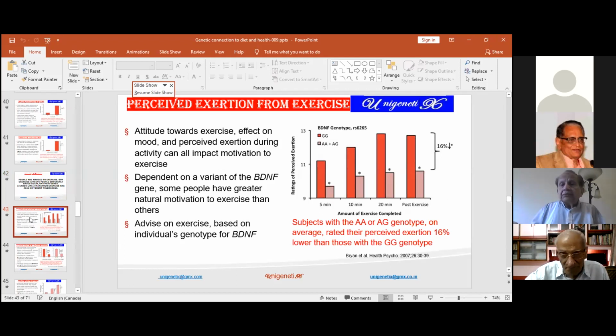When you're doing very strong exercise, do you feel tired? Do you feel that you've done a lot? And the level of your exercise will depend upon that. All these people doing marathons don't feel tired. There's no exertion. And their genotype will tell you what they are.